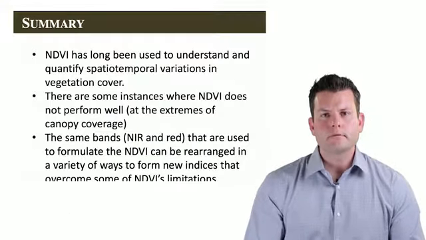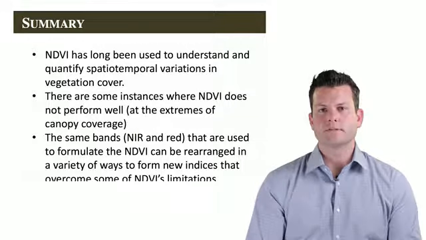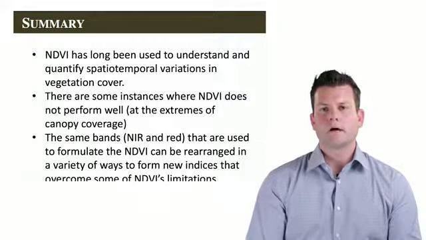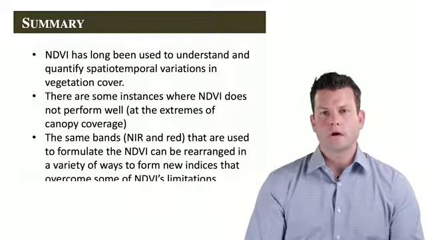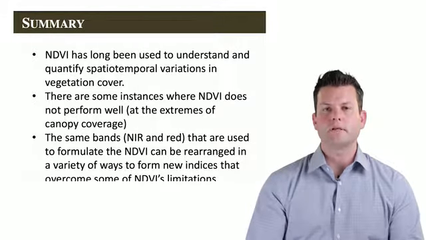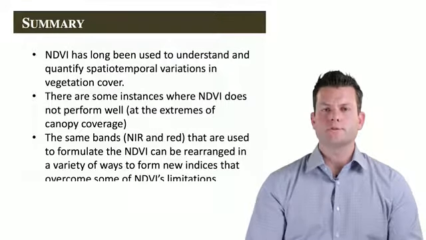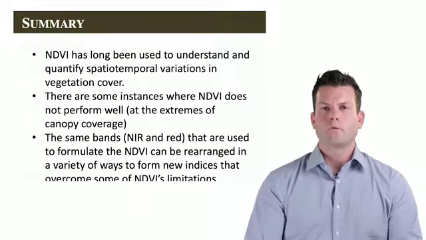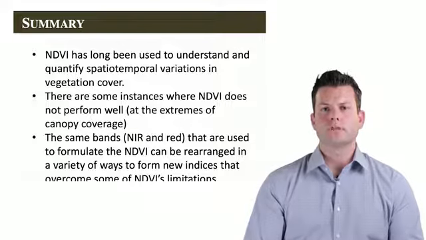So in summary, NDVI has been around for a long time. It's been around since the 70s at least. It is commonly calculated from a lot of the satellite sensors that have and are currently orbiting Earth's surface. There's a lot of value that it can add. However, there are a couple of situations at the extremes where NDVI tends to perform poorly. What I've shown here today is that there are several solutions to that.